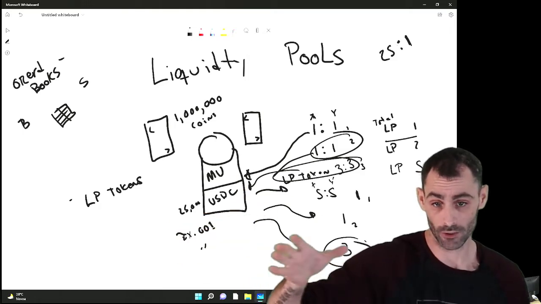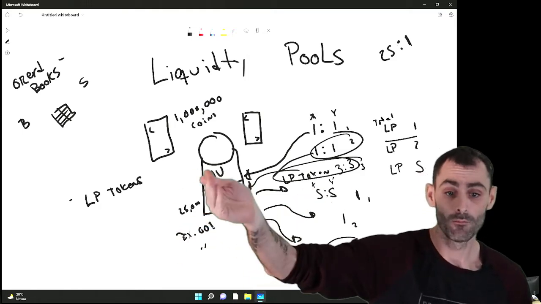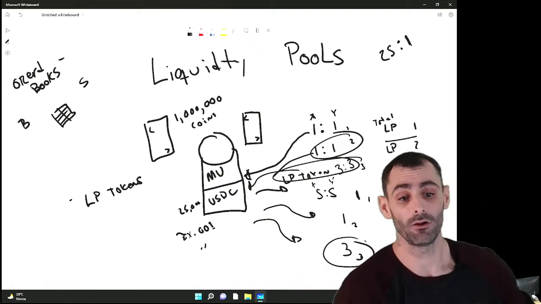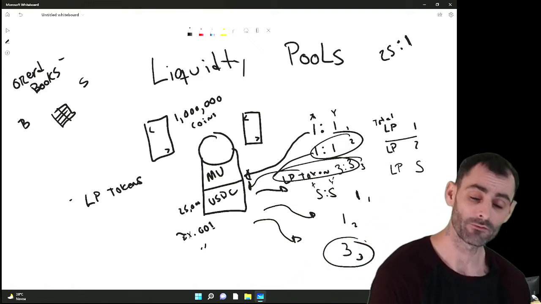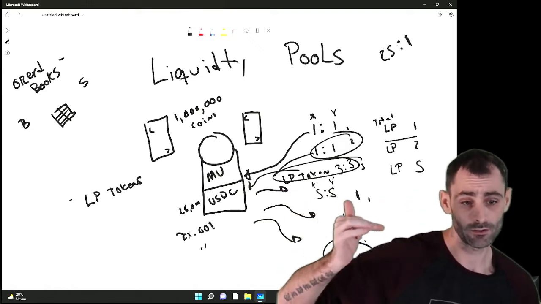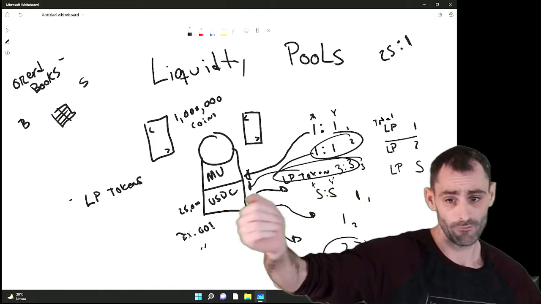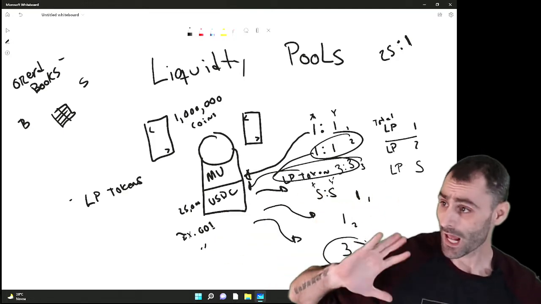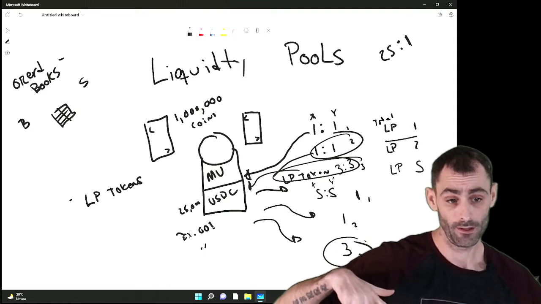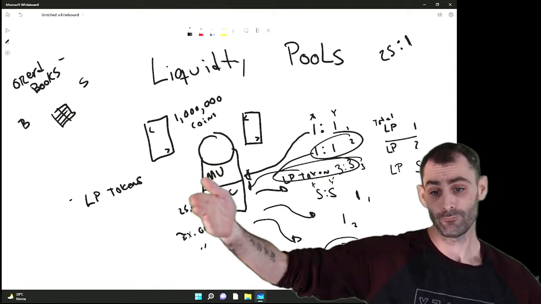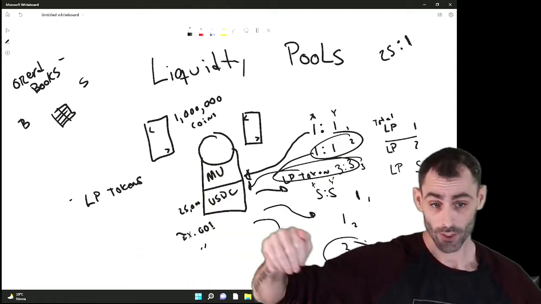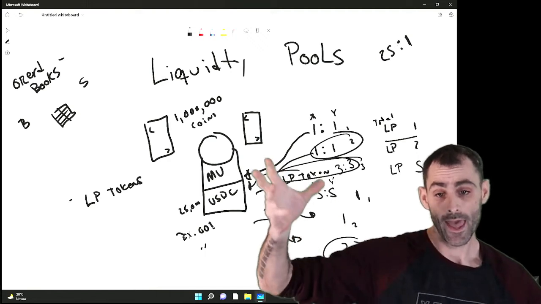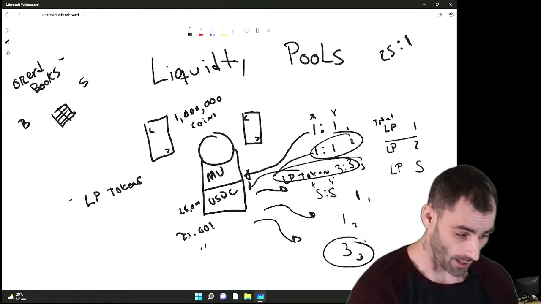Minted means they're created. This contract creates more of those tokens. It just mints them out like the federal government does with dollars every single day. So it mints them out and creates them as a receipt of someone providing liquidity. And when someone wants to remove their liquidity, they give back those tokens. The contract burns those tokens, it destroys them, and it gives them back out their portion of the liquidity.